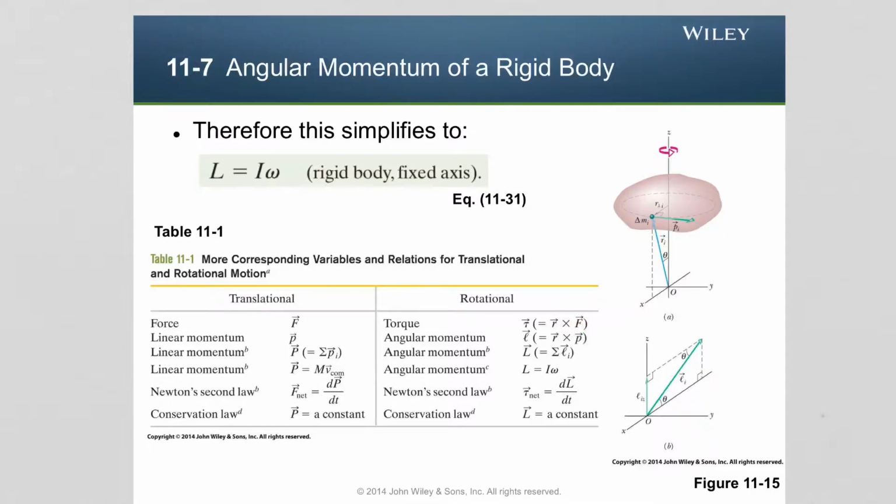The counterpart to linear momentum is the angular momentum, which is the cross product between the position vector of a particle in space and the linear momentum of that particle. The linear momentum for a system of particles, which is just the sum of momenta of the individual particles, is the linear counterpart to the total angular momentum for a system of particles that rotate in space.